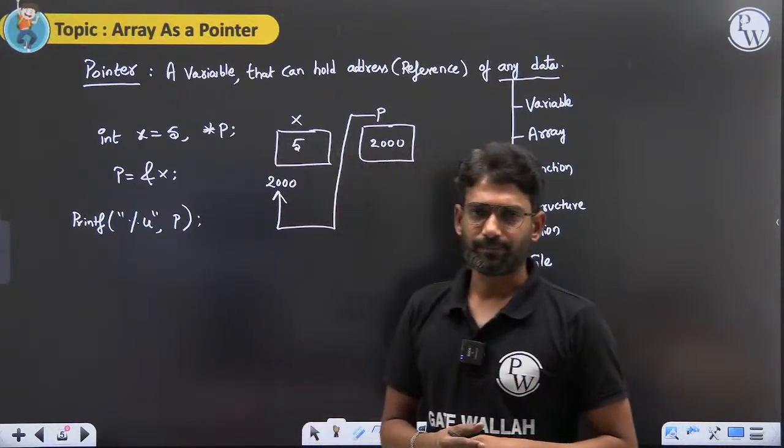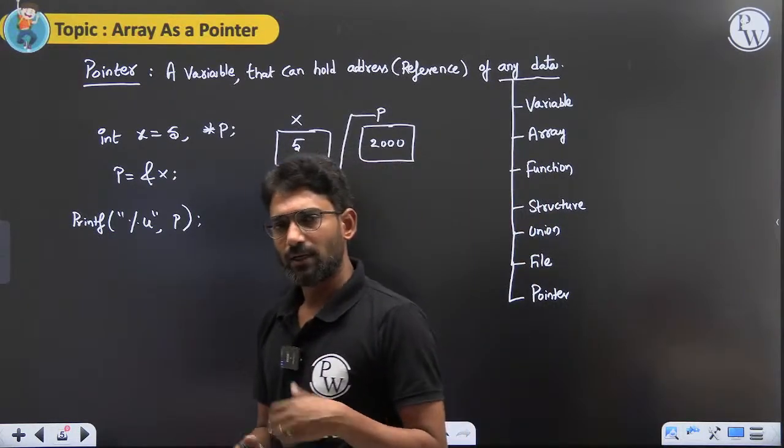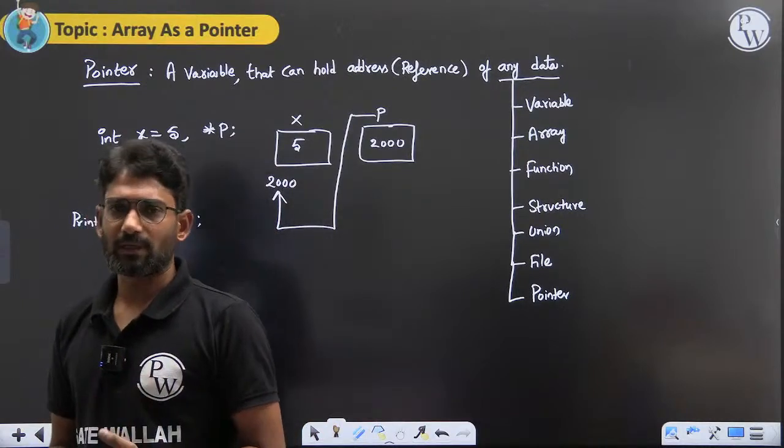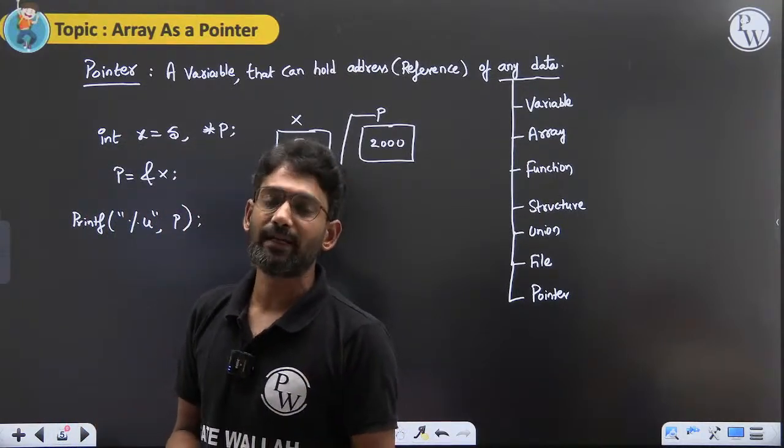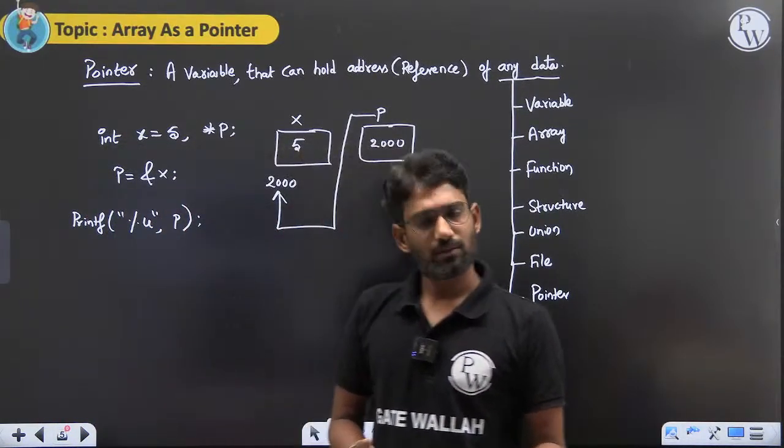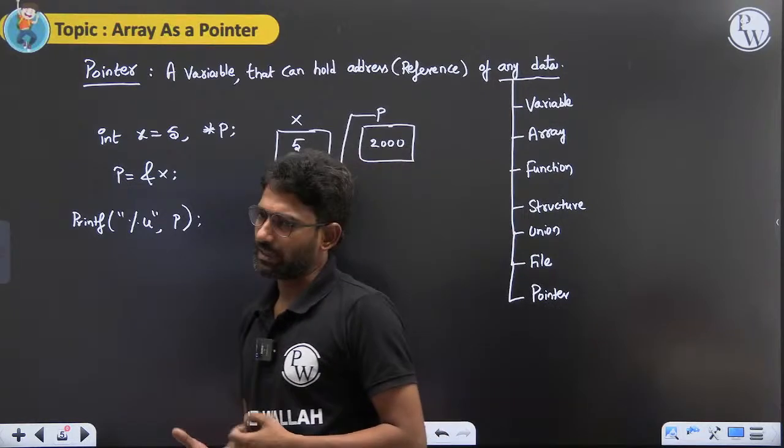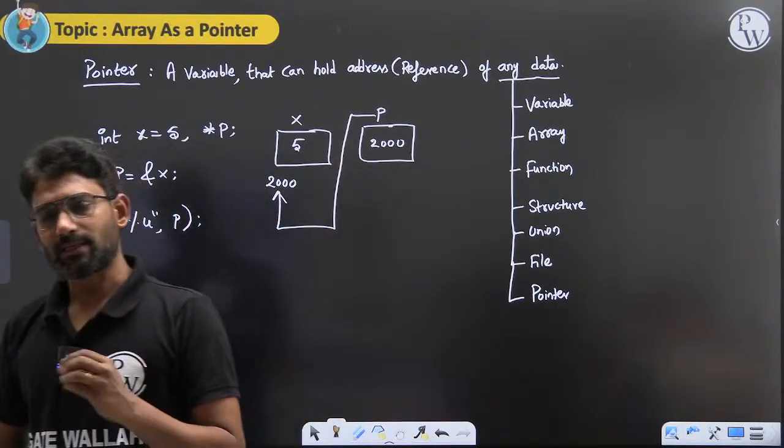Yes, we use the data type because arrays are also kind of data types, secondary data types we say. So definitely we use it. Yes, what you meant is correct.